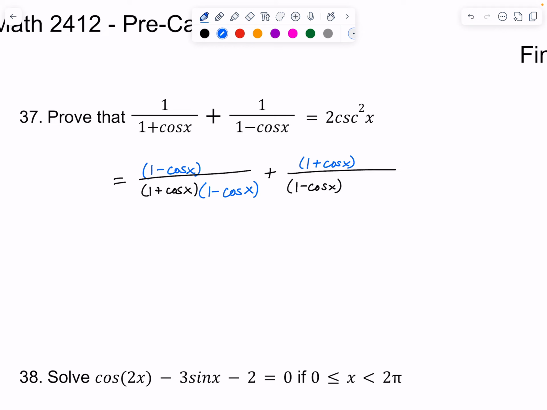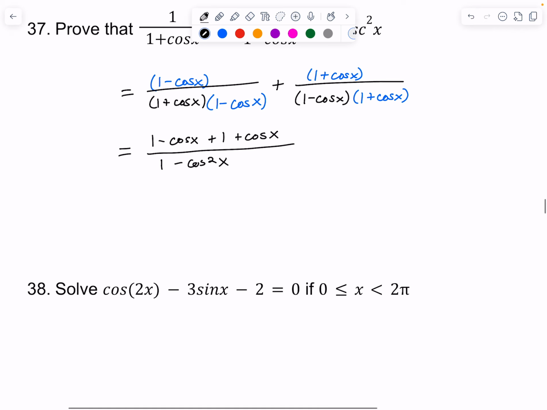So when I do that, the numerator will give me 1 minus cosine plus 1 plus cosine, and that is divided by, if I FOIL this, I get 1 minus cosine squared x.